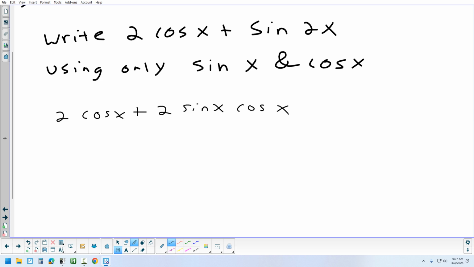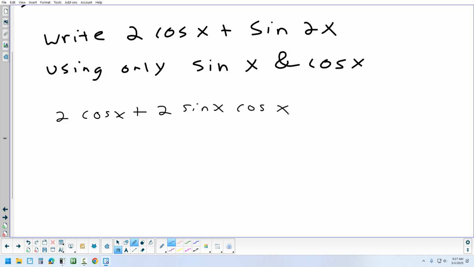Well, x isn't a term, though. That's an argument to a function. So when we factor something out, it has to be a factor within the term. So the factors you can choose from are 2, cosine x, and sine x. Those are the only factors involved in each term.